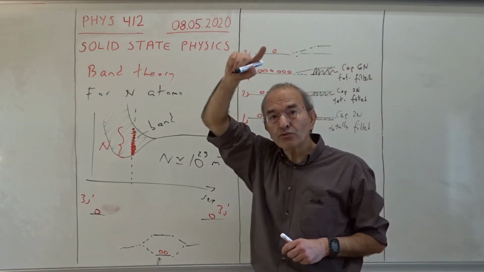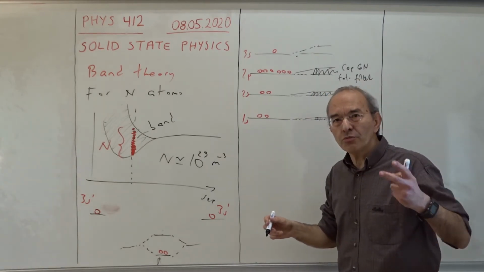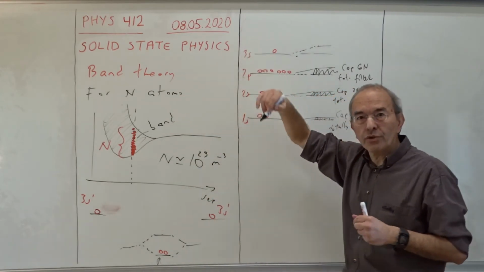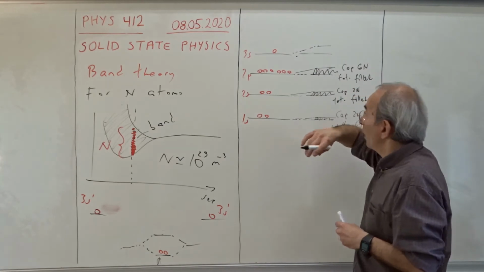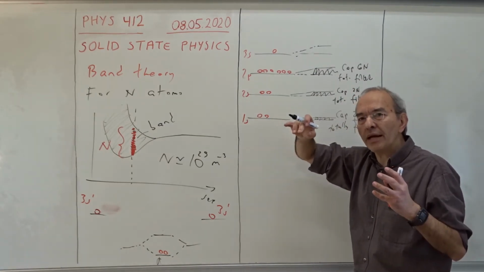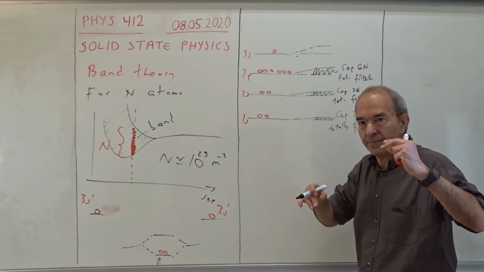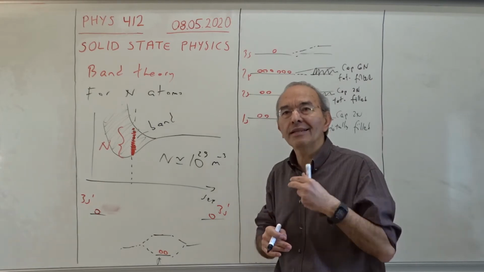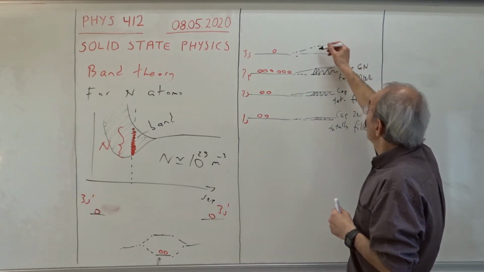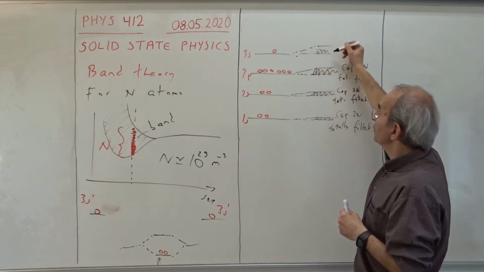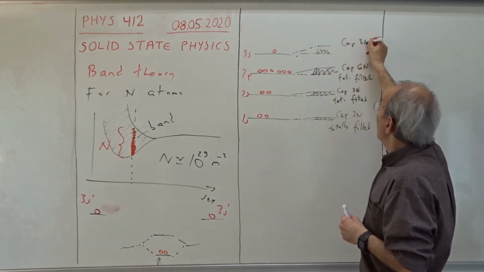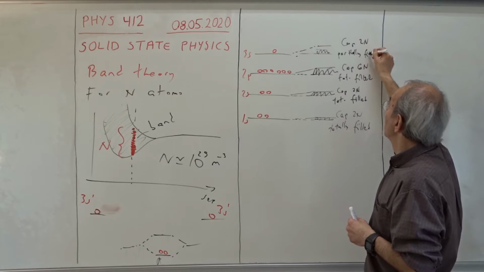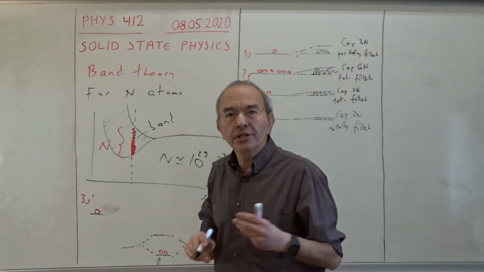But in the case of the outermost one, 3s, capacity is expected to be 2n, but it is partially filled because there is only one electron coming from each atom. So half of the capacity is filled by electrons. So there is still empty space. Empty space doesn't mean space to move, but empty, allowed possibilities. So this is partially filled. Capacity 2n, not totally but partially filled. That's why it's a metal.